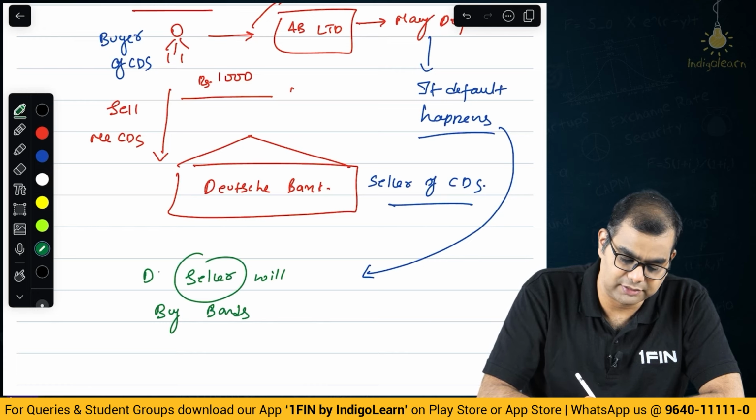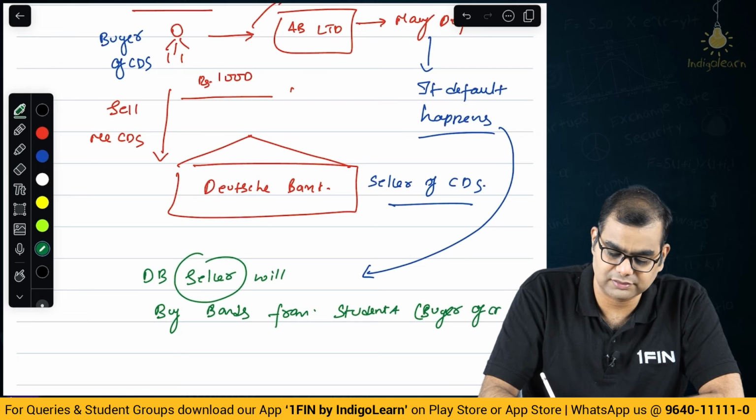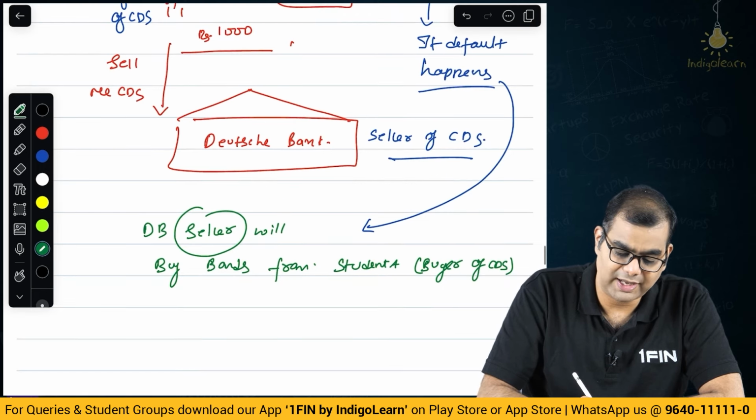Seller is DB, Deutsche Bank, will buy bonds from student A, that is buyer of CDS, okay, at par value.